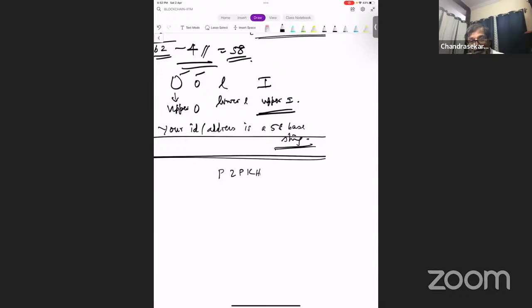There are many things that you can pay. First of all, we are going to consider pay to public key hash. That means we are going to work on an ID or address like this.